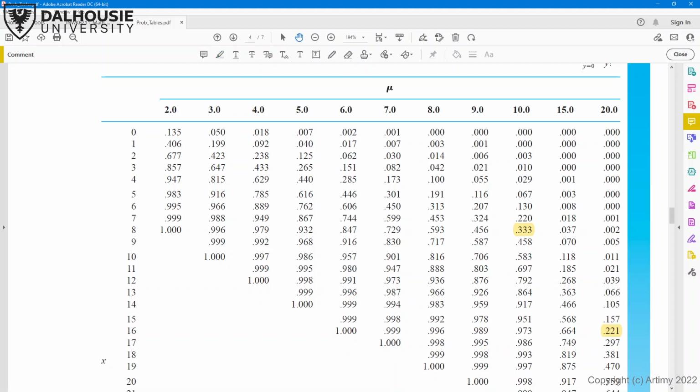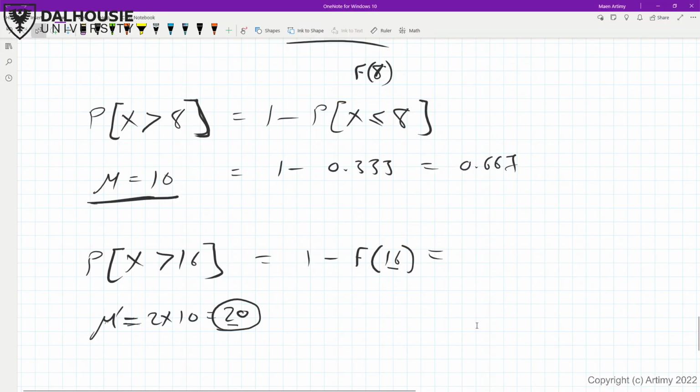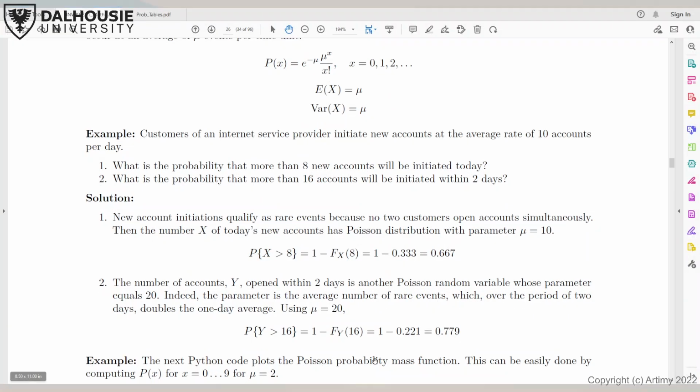It's 0.221. Which gives me 0.977, I think. Yeah.